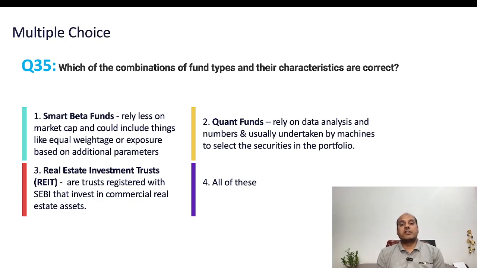Which of the combination of fund types and their characteristics are correct? Smart beta funds rely less on market cap and include things like equal weightage or exposure based on additional parameters.